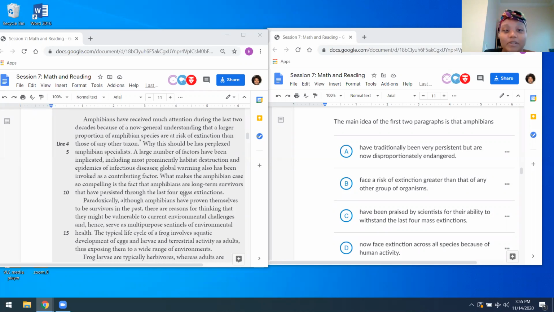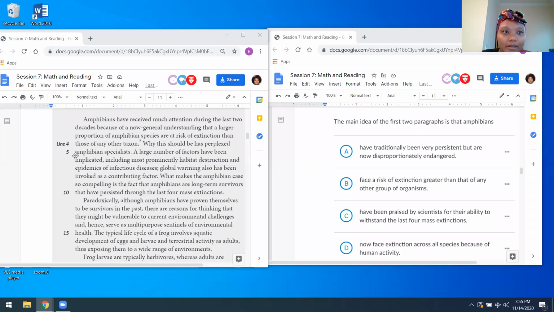If you're surviving 4 mass extinctions, that means you're traditionally very persistent, as is spoken about in choice A. I'm just trying to see, face the risk of extinction greater than that of any other group of organisms. It never says anything really about that. It says they're facing a greater risk. They're more at risk.